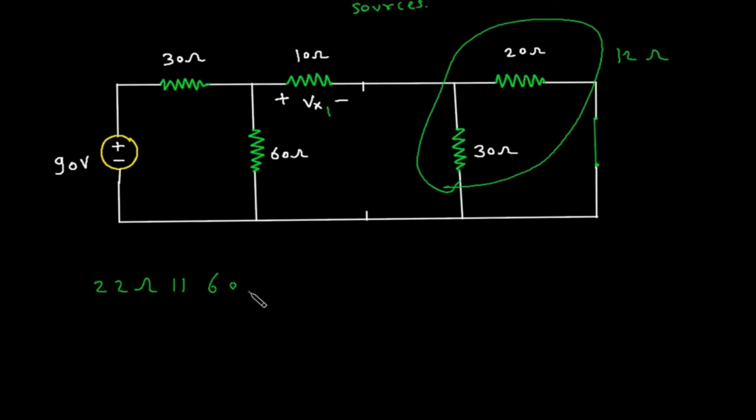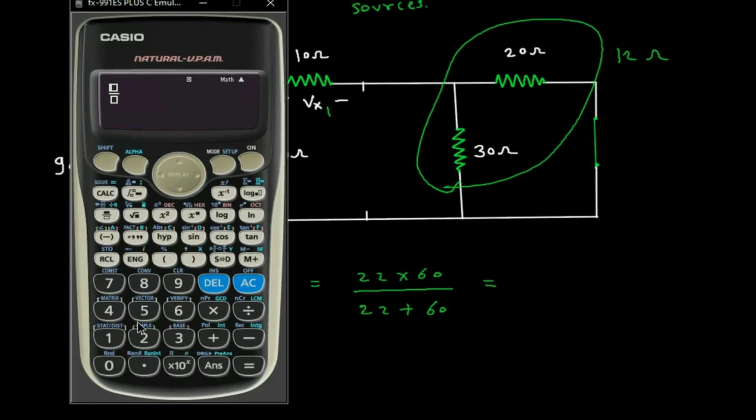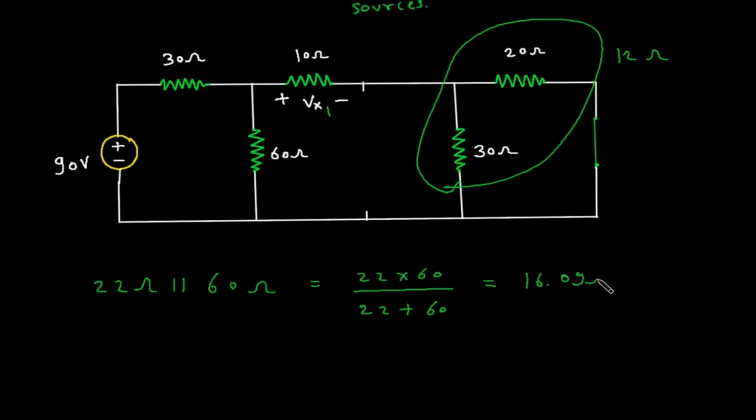So this will be 22 into 60 by 22 plus 60. 16.09 ohm.